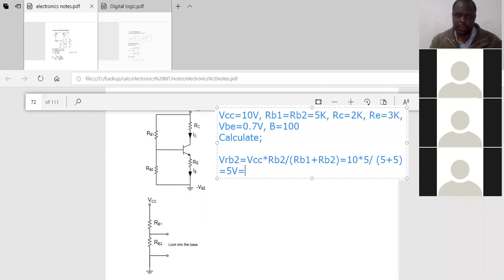That's right. Which is equivalent to VB. It's actually the same value as VB. And remember, we said at some point that VB is equal to VBE plus IE RE.